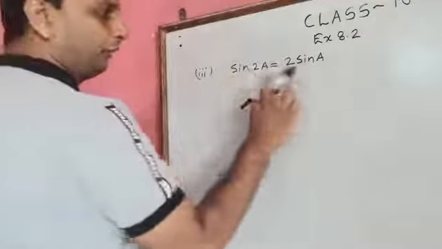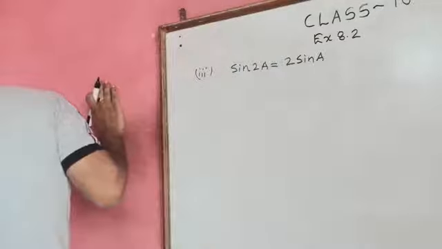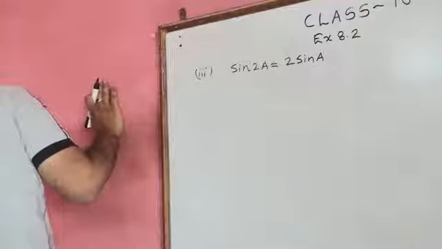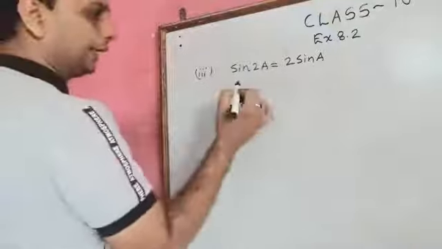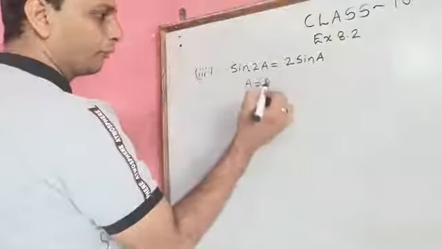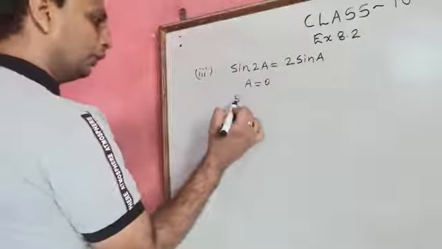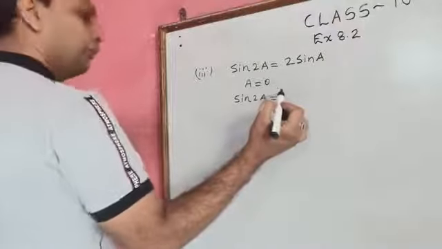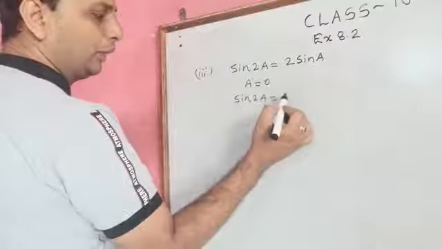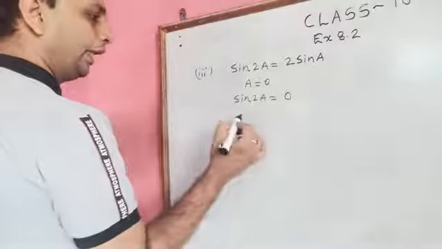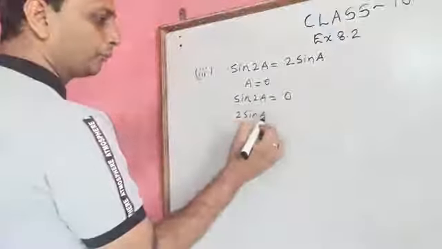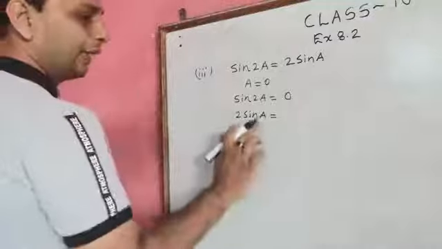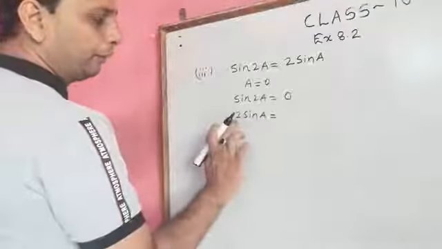Now we have to find the value of the angle A, so that both values will be equal. Let us assume that A equals 0. So sine 2A will be equal to 0 if the A value is 0, and 2 sine A will be equal to 2 multiplied by sine of 0.